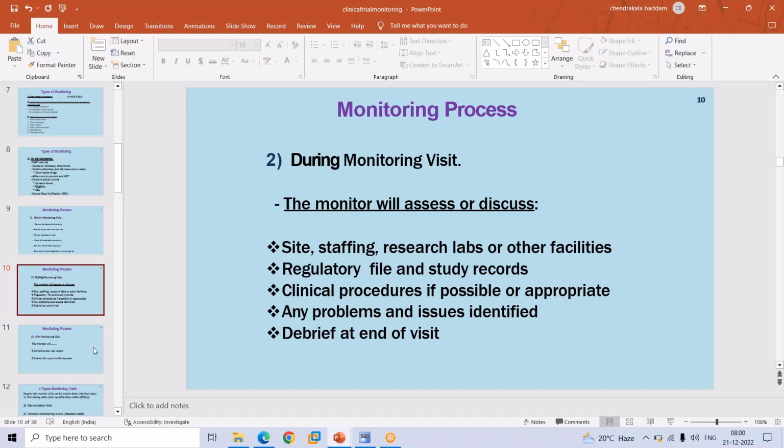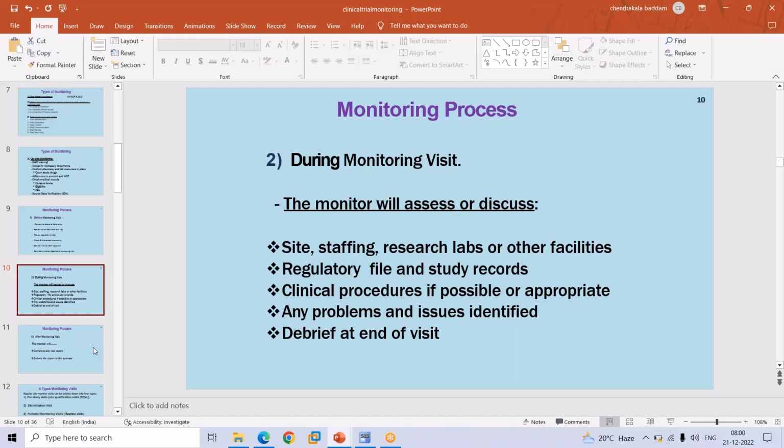They discuss these facilities, and they also check the regulatory files, other study records. They check the clinical procedures. What are all the procedures that they're following? Any problems, any deviations, any issues.